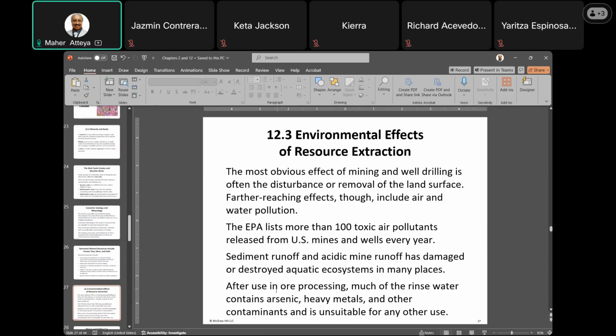After using ore processing, ore means, as I told you before, the salt of the metal, which is the mineral. Much of the rinse water contains arsenic, heavy metals, and other contaminants, which is unsuitable for any other use. Now, just from the chemist's point of view, those heavy metals can really affect the kidneys and the liver.